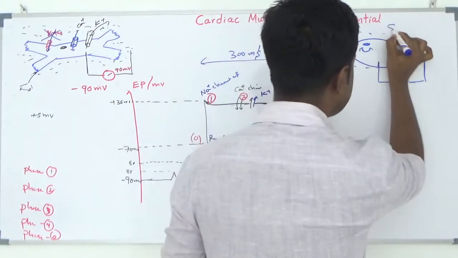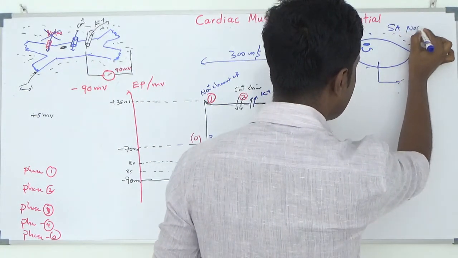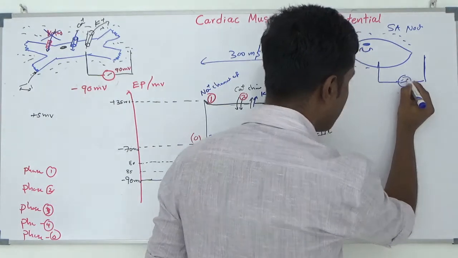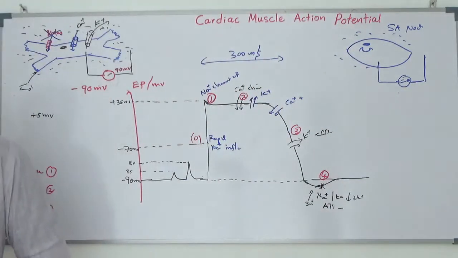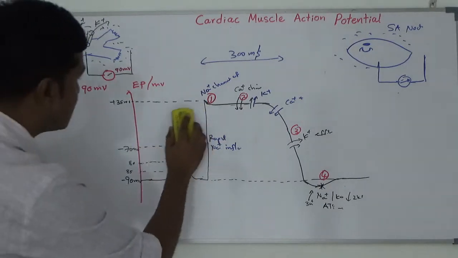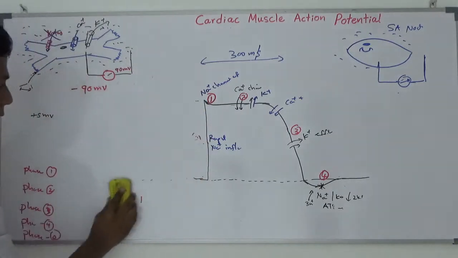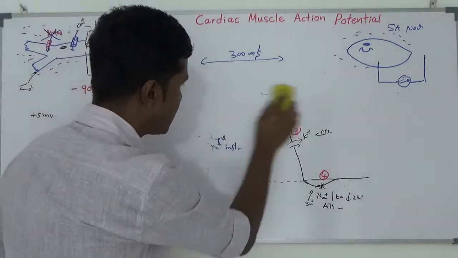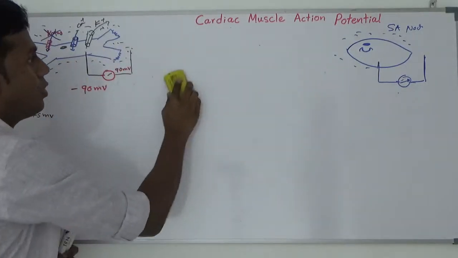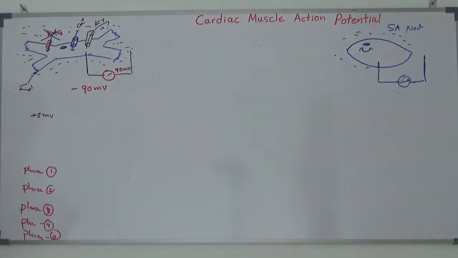This one is the SA nodal cell. I put a galvanometer here. After that, I am going to continuously monitor the electrical activity of my SA nodal cell.